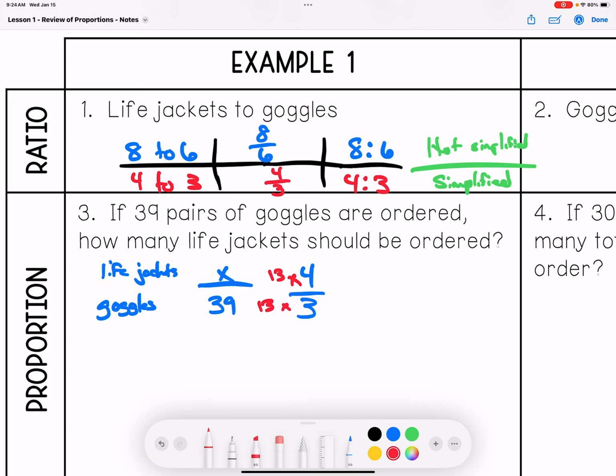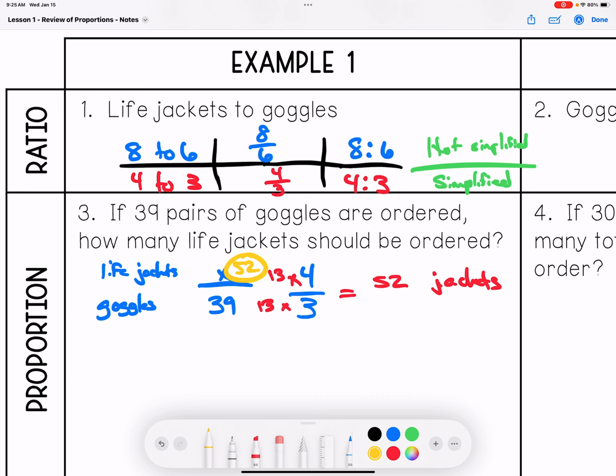And 13 times 4, I believe, is 52. All right, so there's 52 jackets. Because that would have been 52.